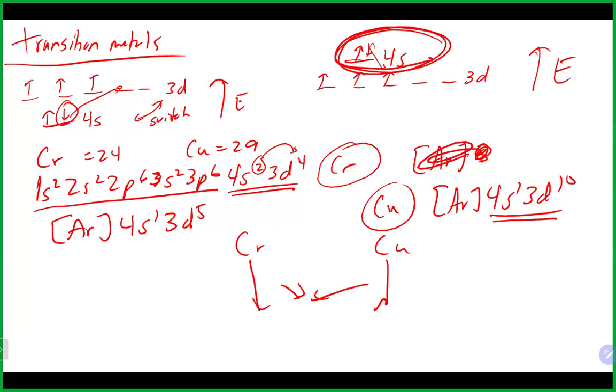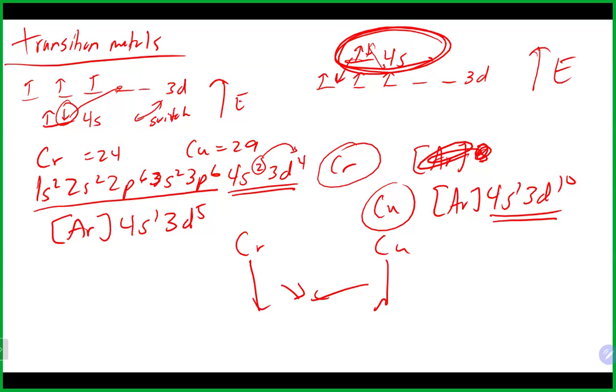And then if they need to lose any more electrons, they will start digging into the d orbitals there to pull out any more electrons that they may need to lose. So transition metals, when they do form ions, are a little bit different than what happens with our representative elements, especially our representative metals. Pretty much the last ones that you write in the electron configuration are going to be the ones you're going to remove.